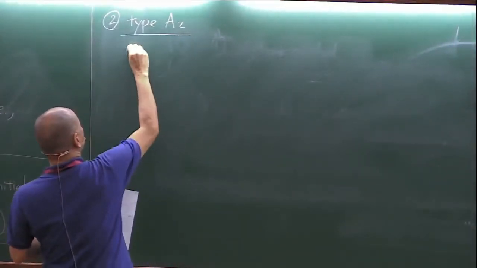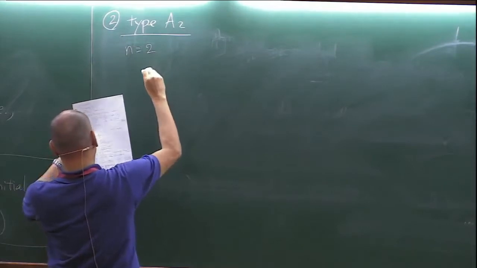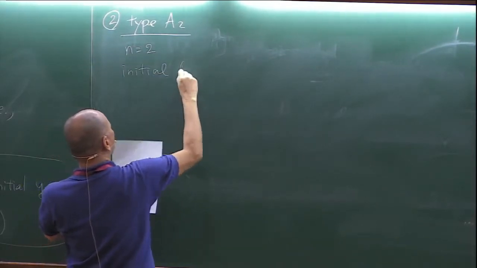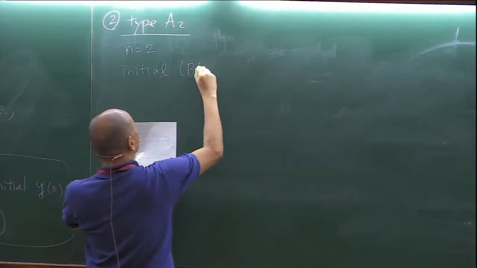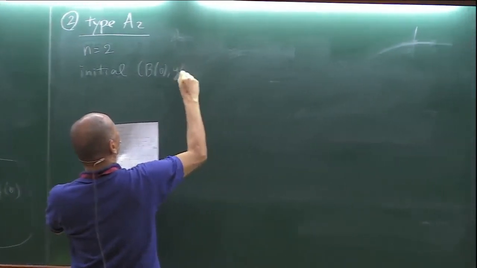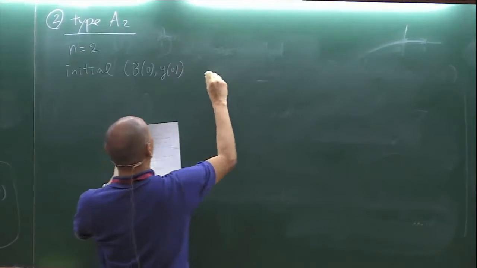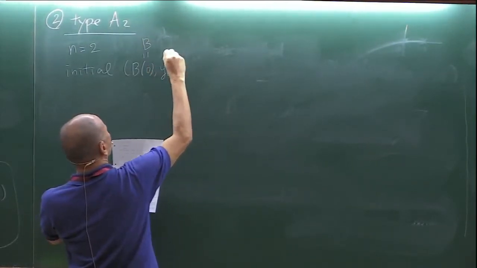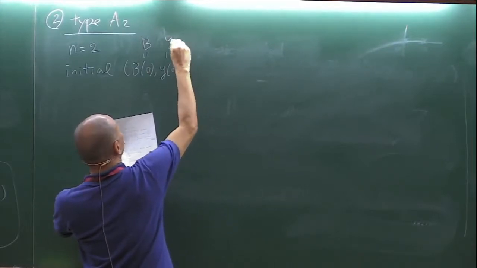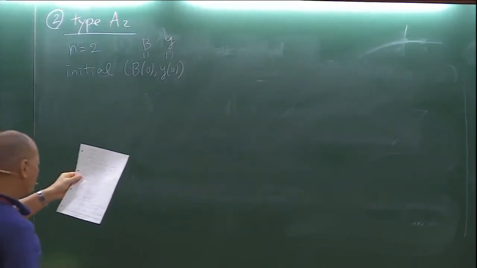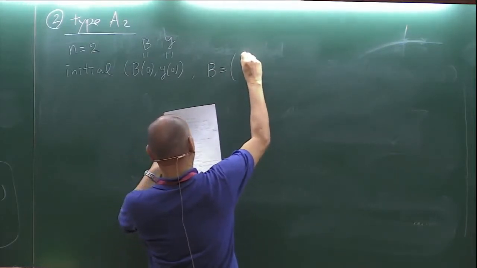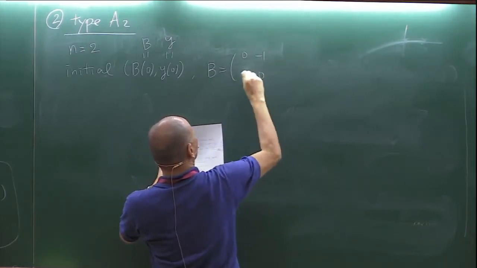So now we consider rank 2, and we choose our initial B0, Y0 to be, just say, set for simplicity B and Y, and B is the following skew-symmetric matrix.